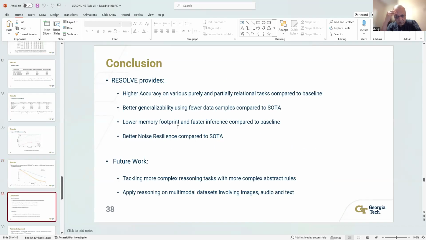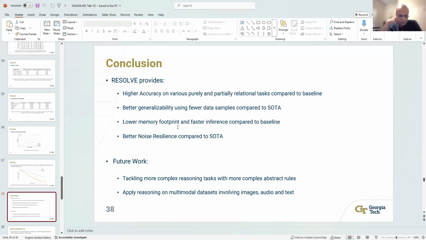So as a conclusion, resolve provided a high accuracy on various purely and partially relational tasks compared to baseline. We have better generalization using fewer data samples compared to the state of the art. We have a lower memory footprint and faster inference and better noise resilience.